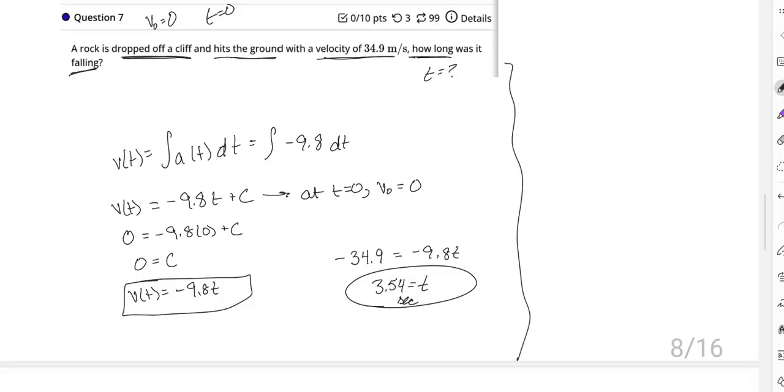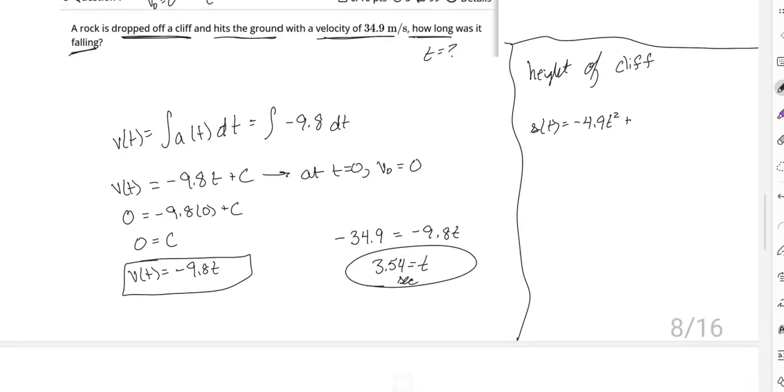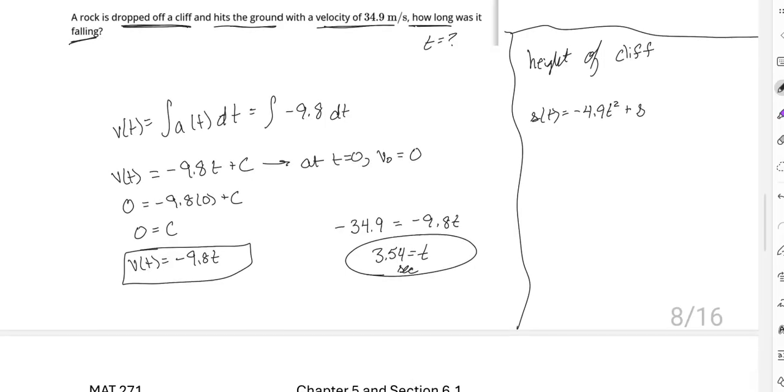Just a side note on this problem, we could actually figure out how high that cliff is. So let's look at how we would do that. We know our velocity equation, and if we integrate velocity, we're going to get position. So that's going to be negative 4.9t squared plus c. I'll call that S naught because that's going to be our initial height, and that's what we're looking for.